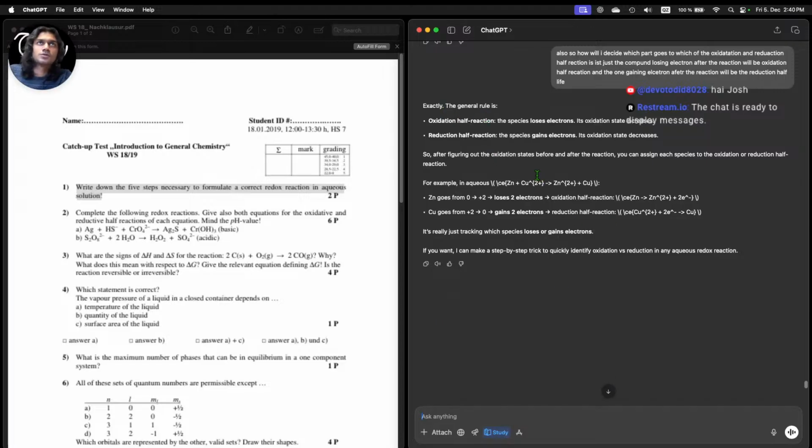Exactly, the general rule. Species loses electron, species gains. Okay. Loss of electron, gain of electron.